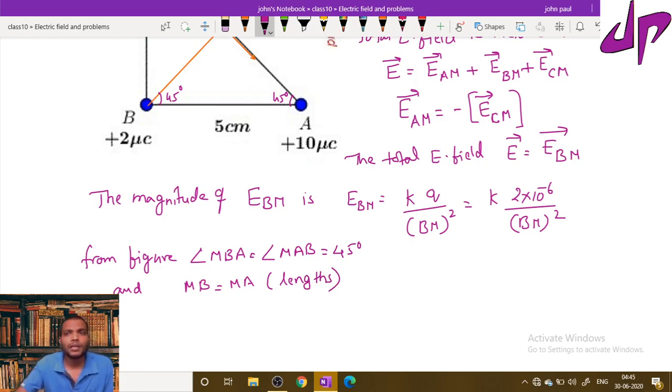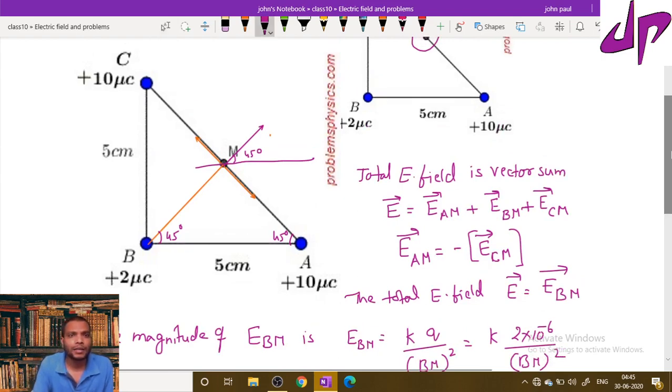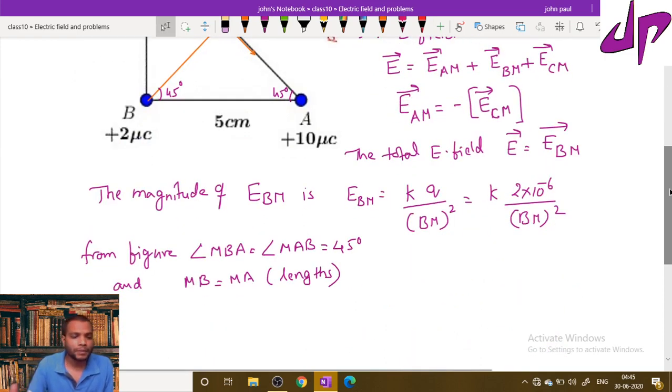Since it's a right isosceles triangle and these two angles are equal, from the triangle property, the side MB equals the side MA.